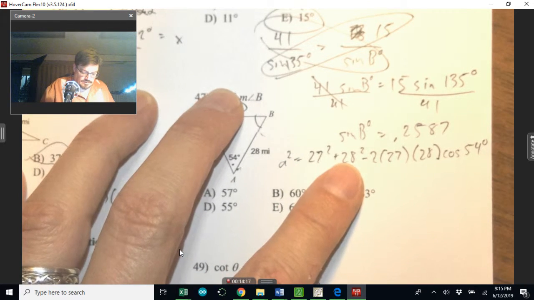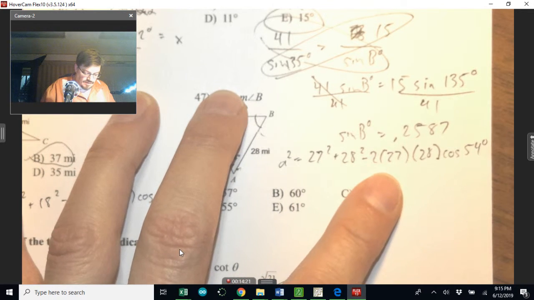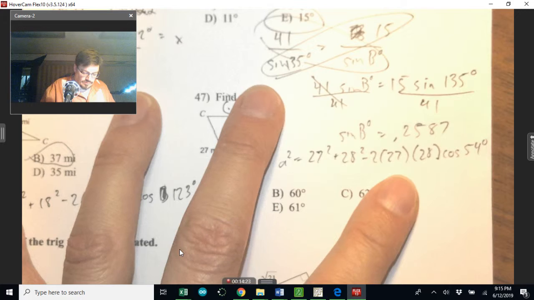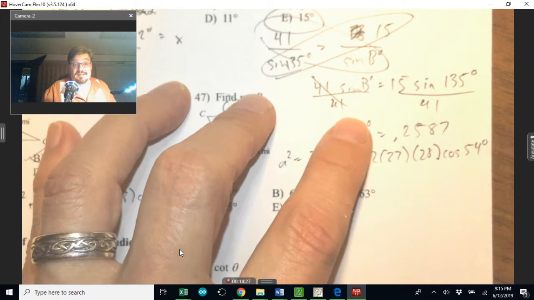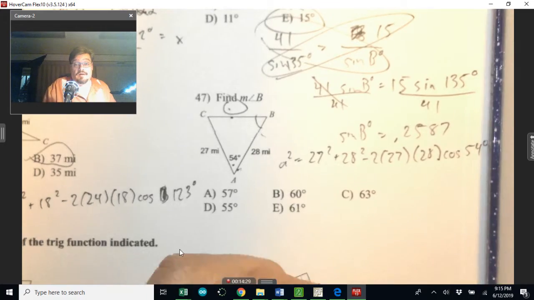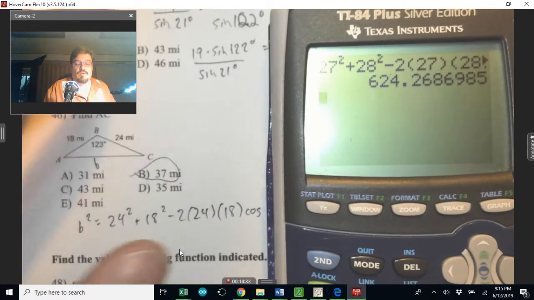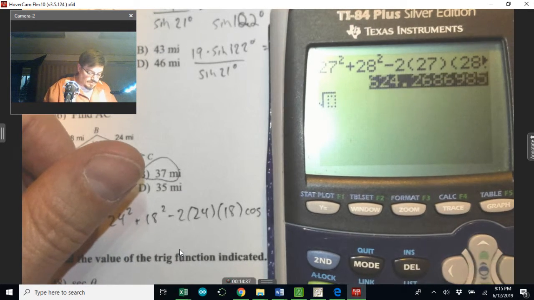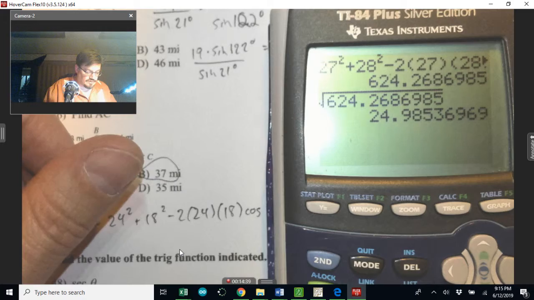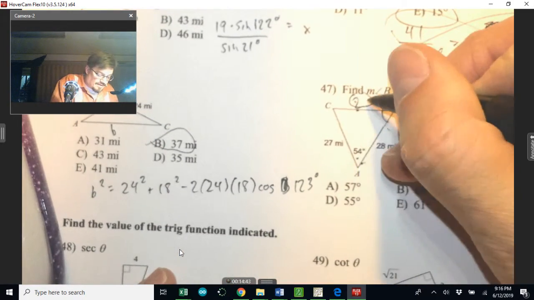I hate to do this calculator punching with a video. You should not be watching me do this. Unfortunately, it's necessary. You can't even see it, and that's even worse. Now you've got this. Now we want the square root of this guy, which is 25. So this means that right there is 25.